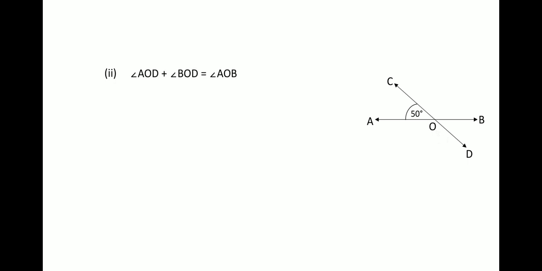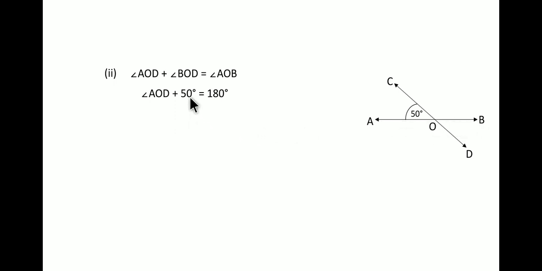So angle AOD plus angle BOD is equal to angle AOB, this angle. What is angle AOB? It's 180 degrees. So put the values. Angle BOD we just found as 50 degrees, and angle AOB is equal to 180 degrees.